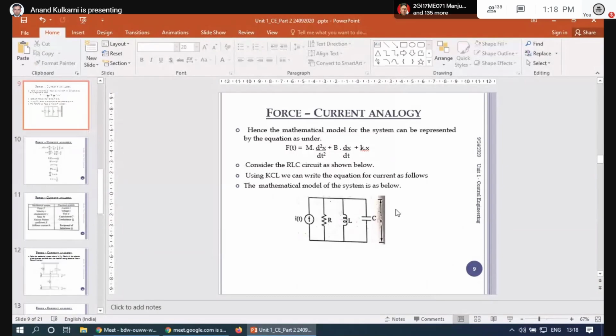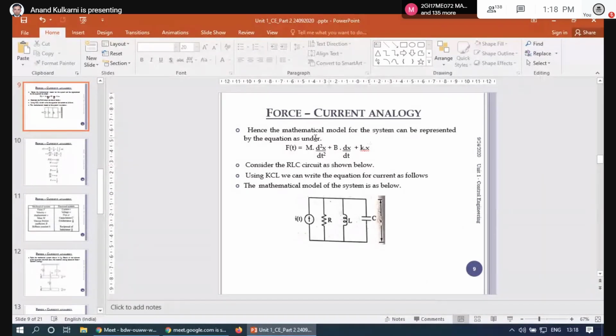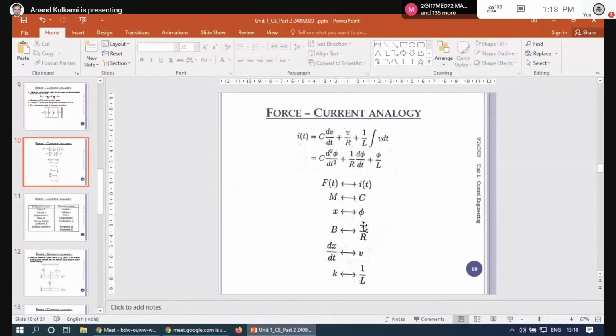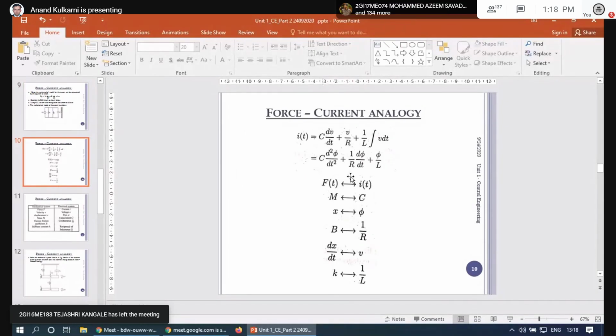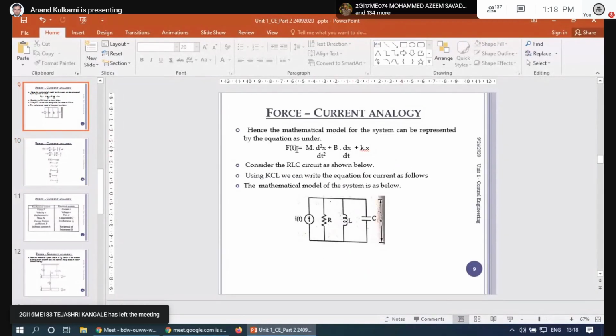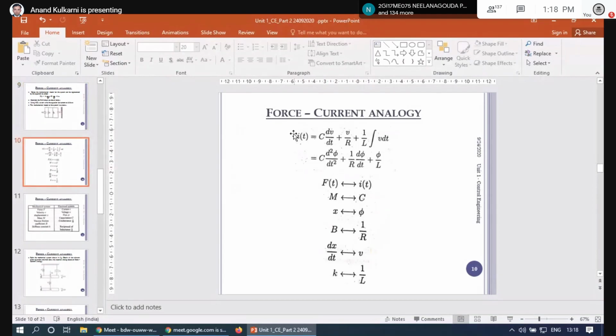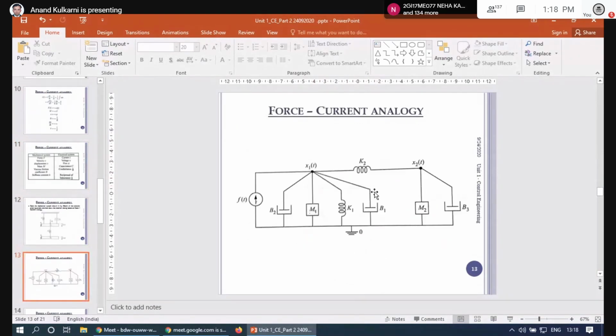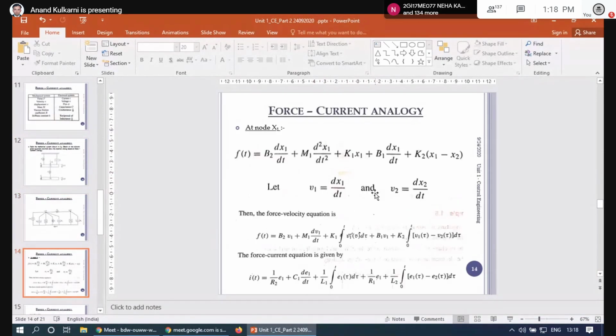Now, what you had done while solving was there was a standard mechanical equation. We converted the electrical equation in terms of the mechanical equation. We kept the mechanical equation standard. But in the problem, if we keep the electrical equation as standard, we can convert the mechanical equation in terms of electrical.